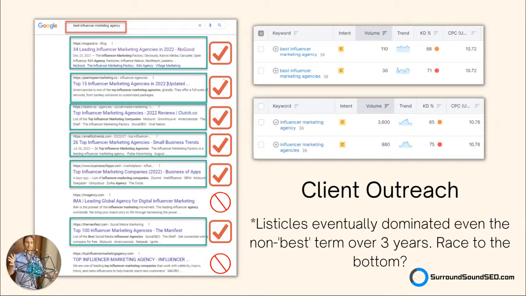One of the things that we've noticed is that when there's a huge amount of competition for outreach and listicles, eventually they dominate even the non-best terms. They even start to create strange effects, or high strangeness, for terms that are not middle of the funnel normally and even turn those into sort of middle of the funnel. But that's beyond the scope of this talk. But I do want you to get the general idea here.